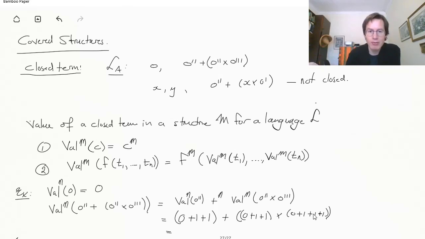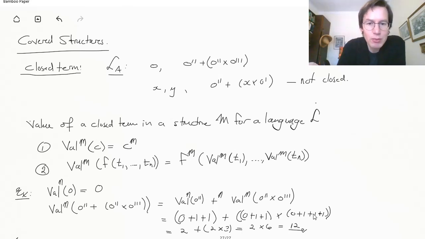So what do I have here? I've got the natural number 2. Here in brackets, I've got the natural number 2 times the natural number 3. So what I'm getting here is 2 times 6, which is just the number 12. So that would be the value of this closed term in the standard structure or the standard model for arithmetic.